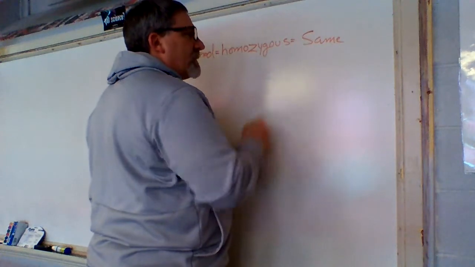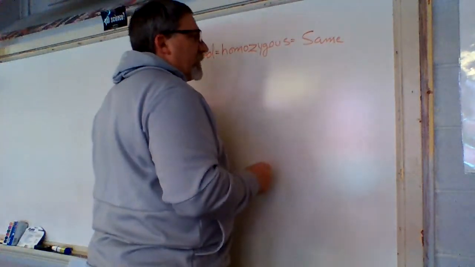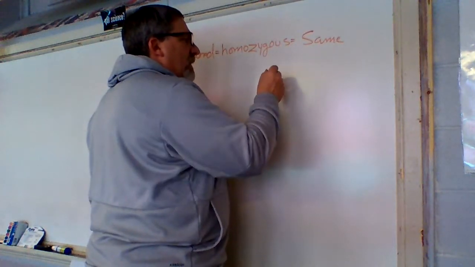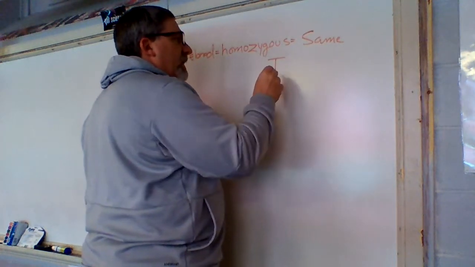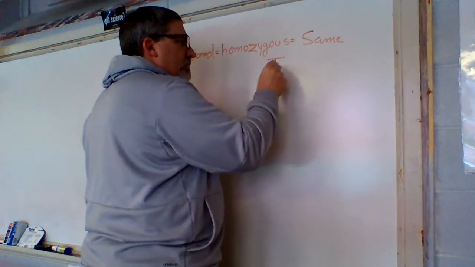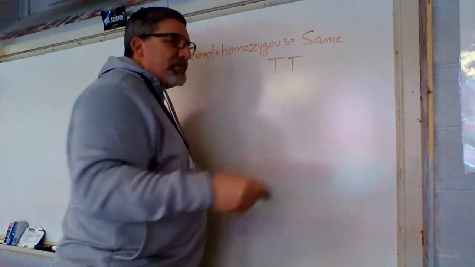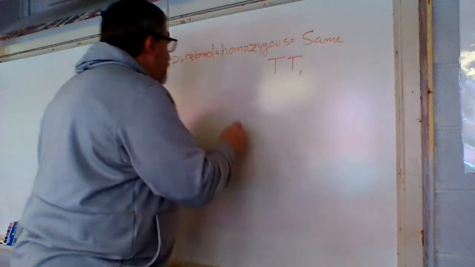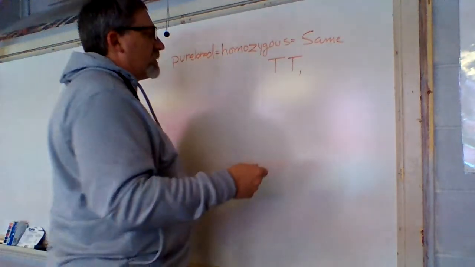lowercase or uppercase. So let's say, for example, we were using the letter T for tall. Well then this individual would have capital T, or as I say, big T, big T. Now that's not the only purebred or homozygous that you could come across.